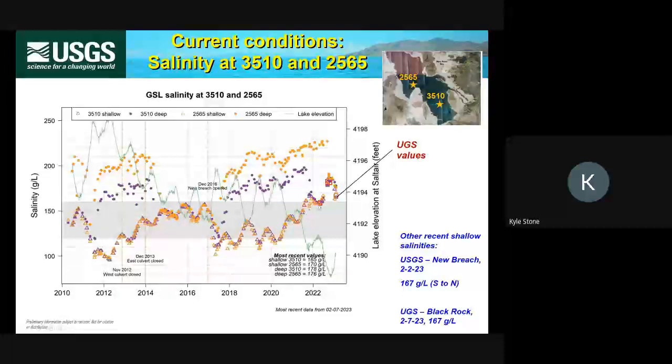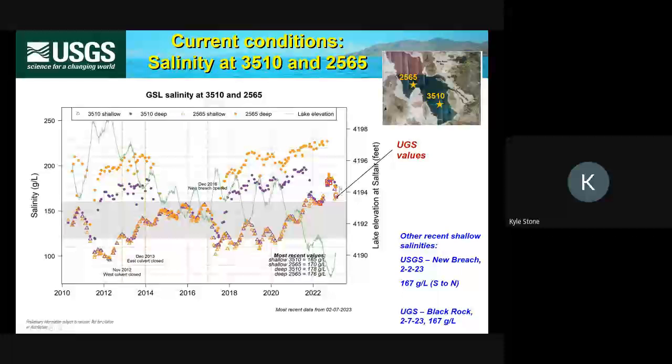So if we zoom into what we've been observing recently, we reached a high around 185 grams per liter this fall, when we had a historic low at 4188.5 feet. And then we've seen a continuous dilution of salinity in the south arm since then, which we're happy to see.